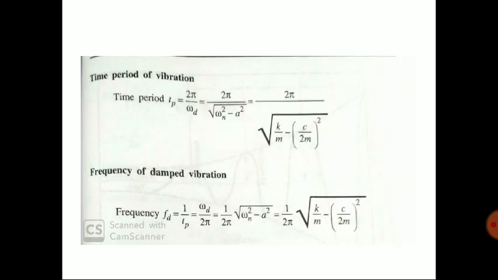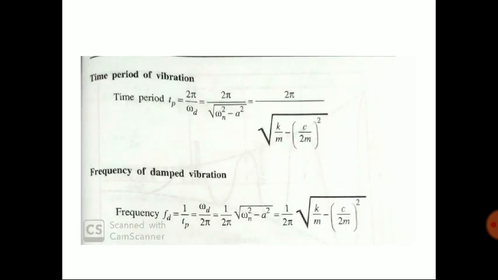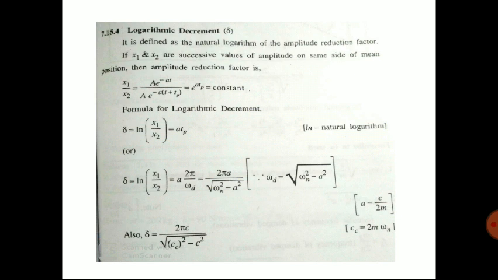So here you can see two values, and finally we are getting e raised to a tp. If you take the ln, the e terms disappear, so it becomes a into tp, and tp is 2 pi by omega d, so a into 2 pi by omega d, where omega d is root of omega n square minus a square. Instead of a we can substitute C by 2m.